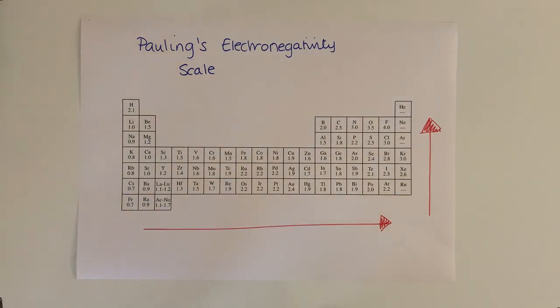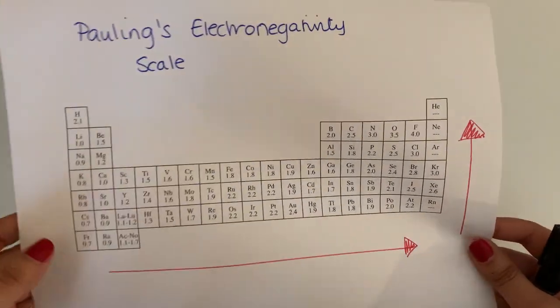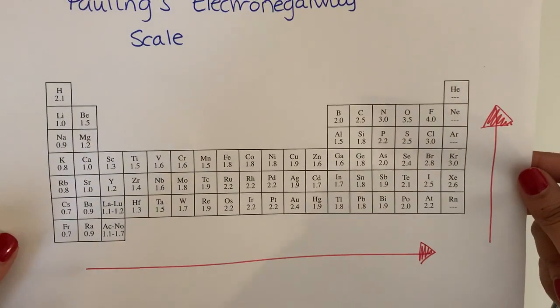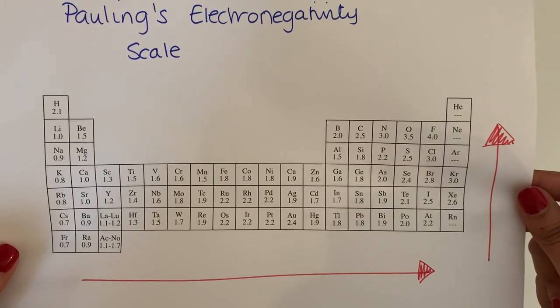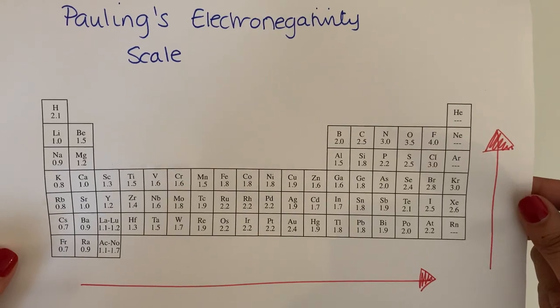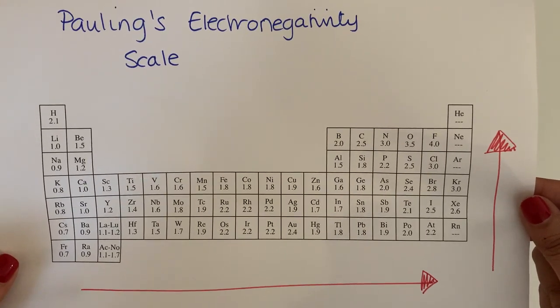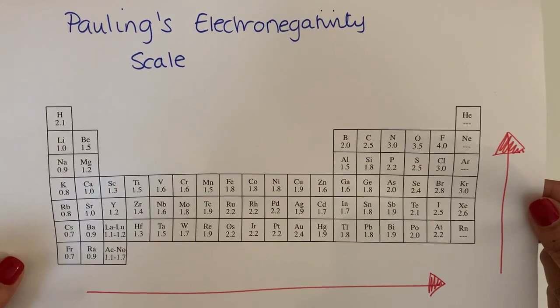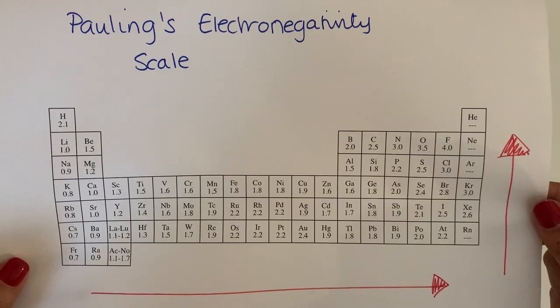If you are ever asked to analyse them, they will be given to you in the exam, but we're just going to have a look at how electronegativity changes. The first thing worth noting is that the higher the number on the Pauling scale, the more electronegative the atom is. So the more electronegative an atom, the greater attraction it will have on the bonded pair of electrons.